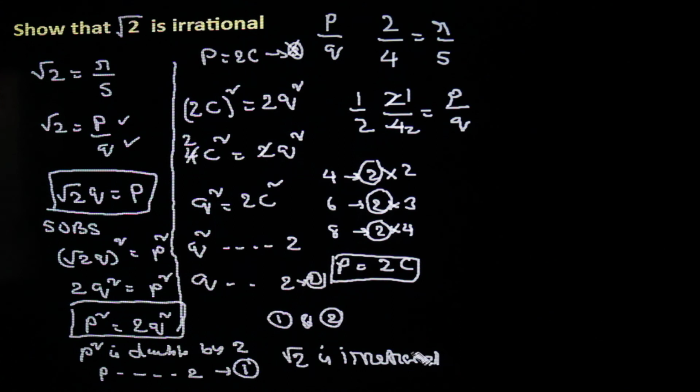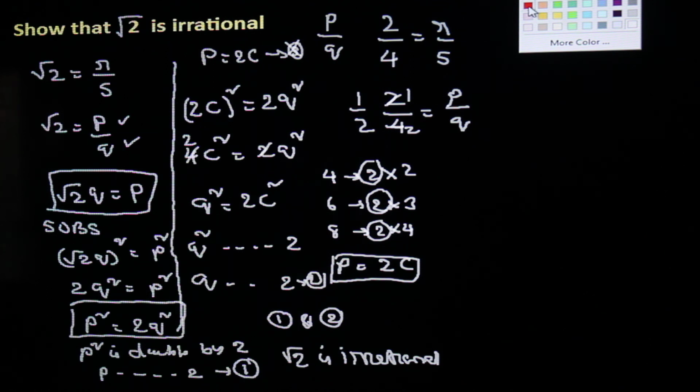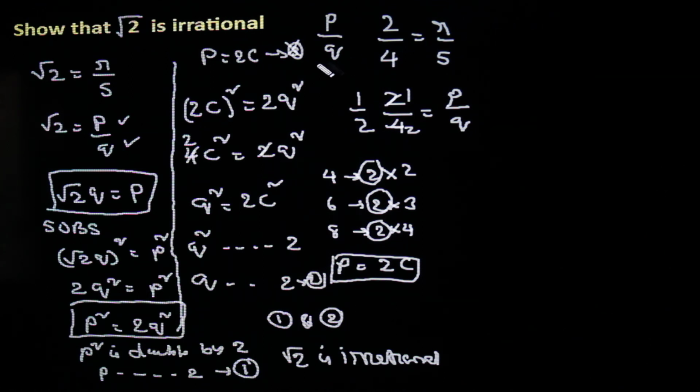This is a very important problem for 4 marks. So, practice well, and if they ask by changing this one, in place of root 2, they can ask root 3 is irrational, root 5 is irrational, root 6 is irrational, or any.